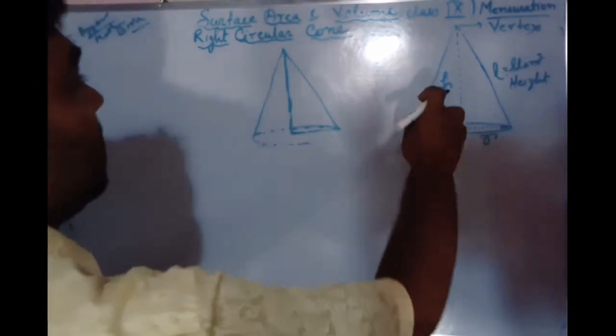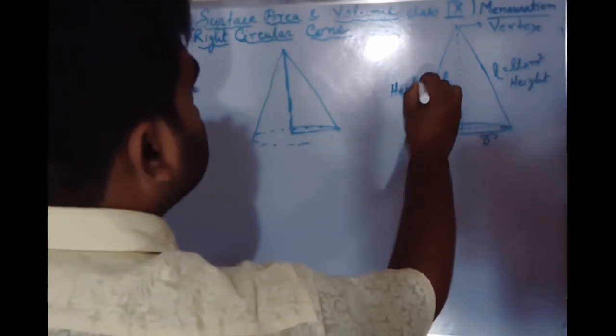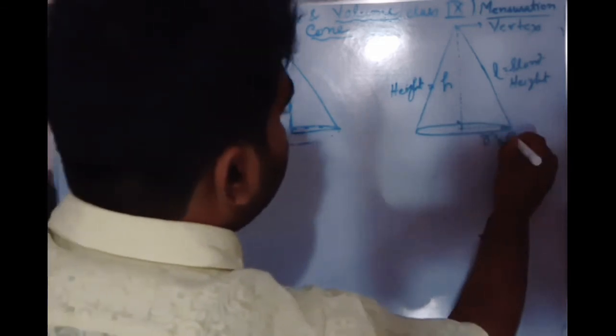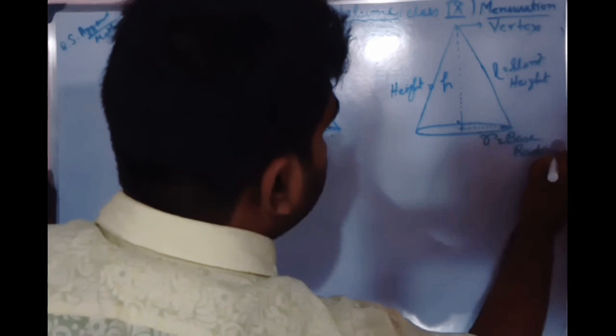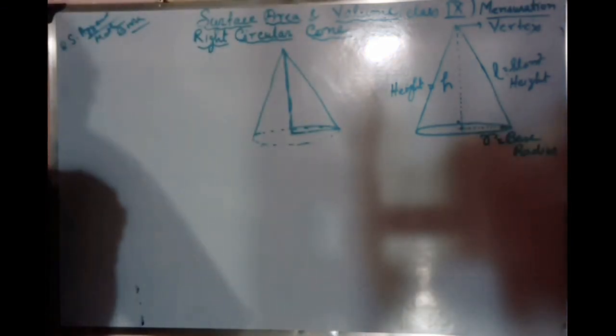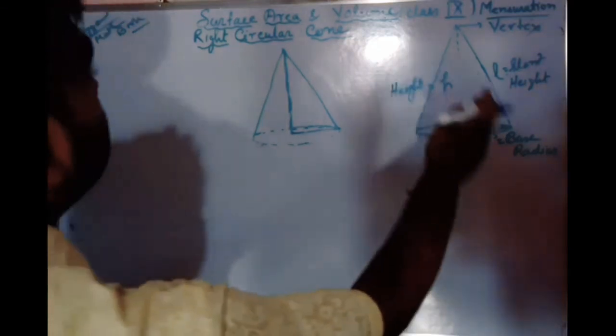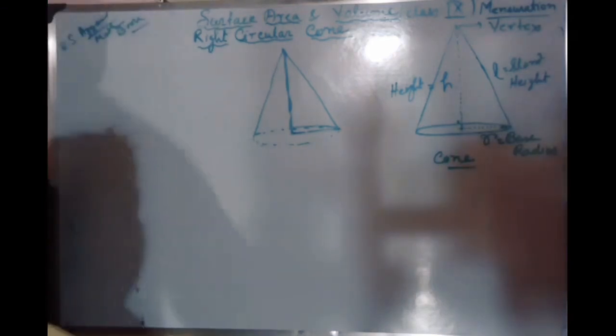H is height and R is base radius. Understood? This figure is named a cone or right circular cone.